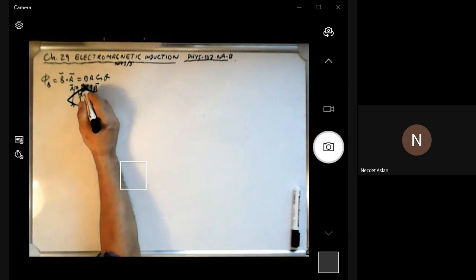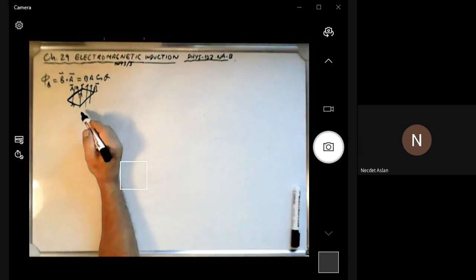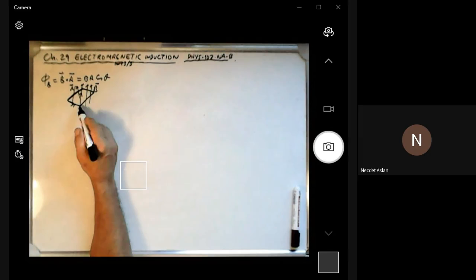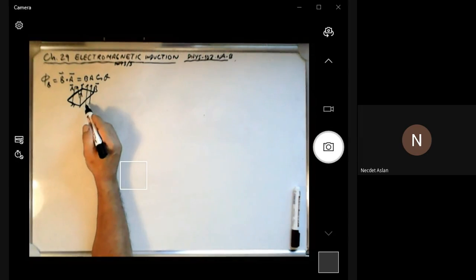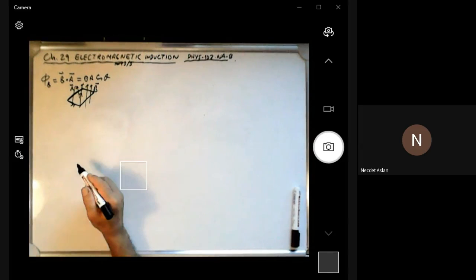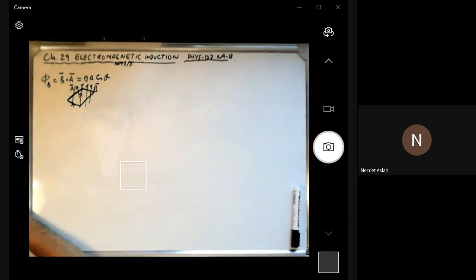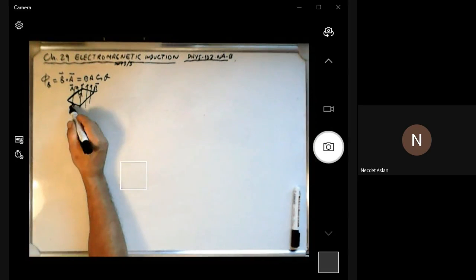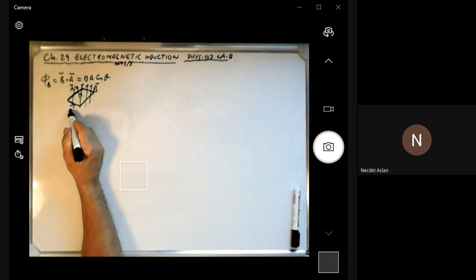So the magnetic field lines will pass through this loop of coil with one rotation. There may also be more than one rotation. In this case, we will have more EMF here.